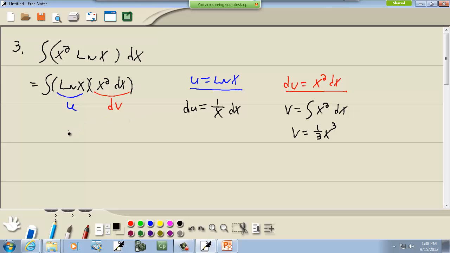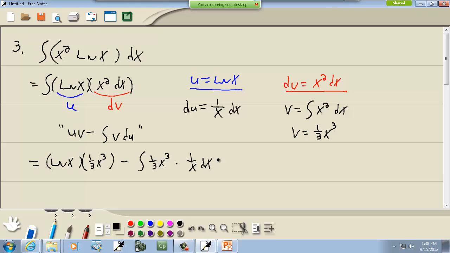So now we're going to plug in our formula. So we got uv minus the integral of v du. Okay, so u was natural log of x times v, which was 1/3 x to the third, minus the integral of v, which was 1/3 x to the third, and du, which is 1 over x dx.